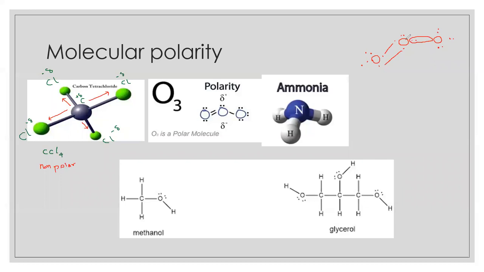Since this one is giving all of these electrons to this one, it's going to be partially positive. And this one attracts so many electrons around it, so it's partial negative. And between these two, this is again going to be partial negative.